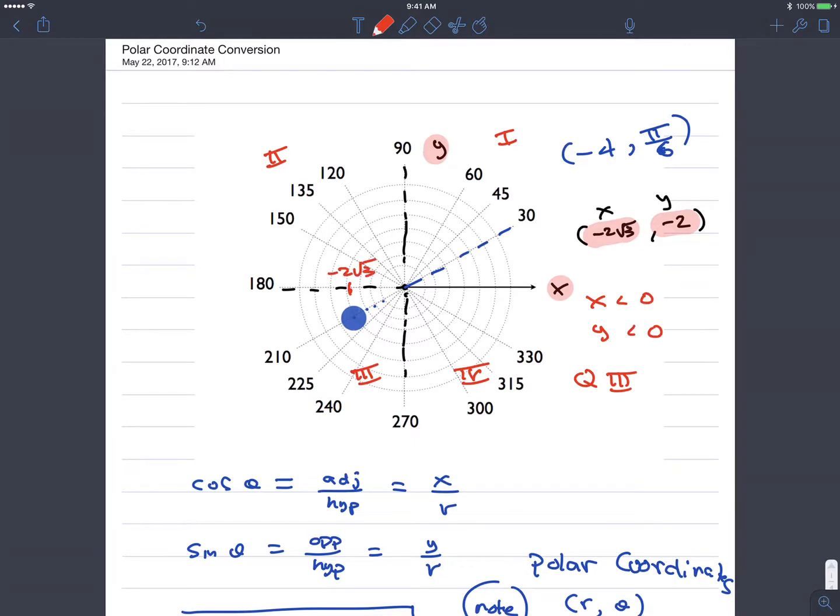And I go down this distance here, that should be negative 2, somewhat, if I'm careful. Okay? You guys with me on that? What you're looking at here is consistent, meaning you have a point that's in quadrant 3. So you have a quadrant 3 point because they're both negative for x and y.